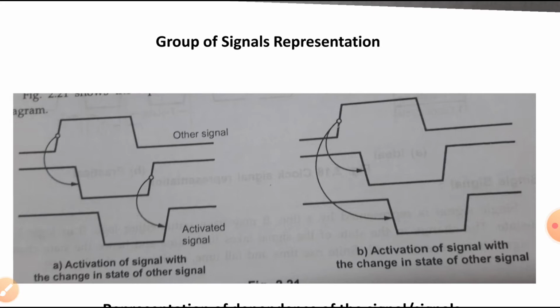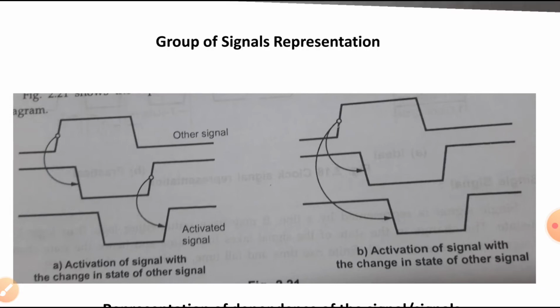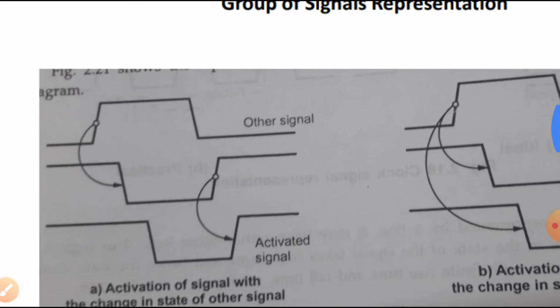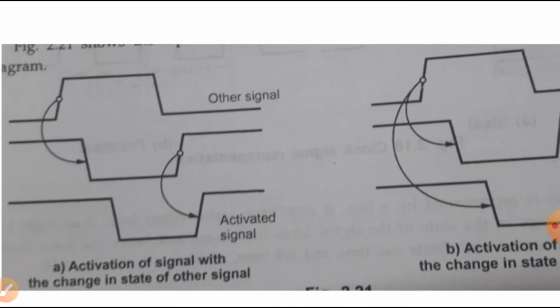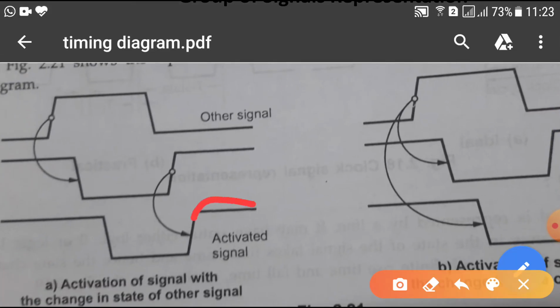The first possibility is the activation of a signal with the change in the state of another signal. See, this is the activation signal, and this is the other signal.